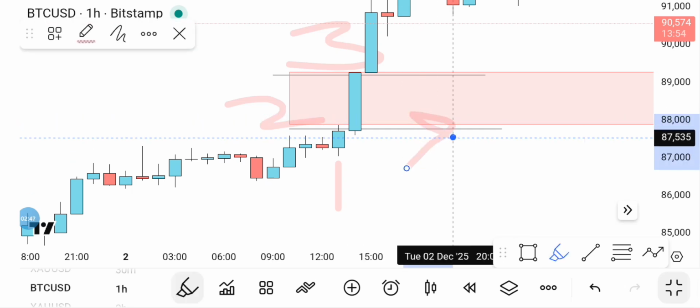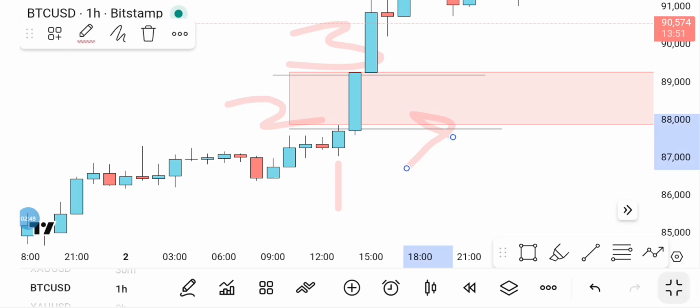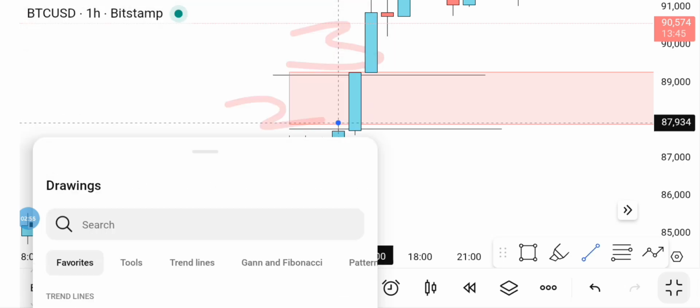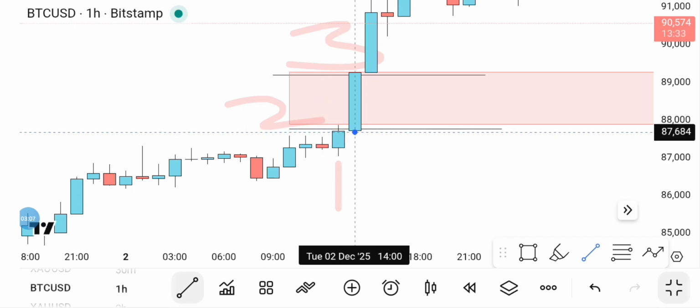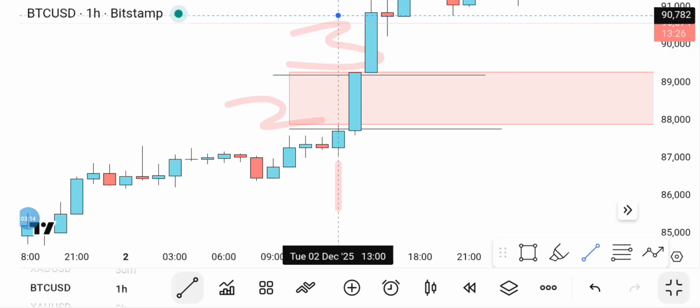If you look carefully, you would notice at the bottom that this is the first candle. This is where the candle started. This is where it closed. Now the second candle opened at this point, closed at this point. While the third candle opened at this level and closed at this level.